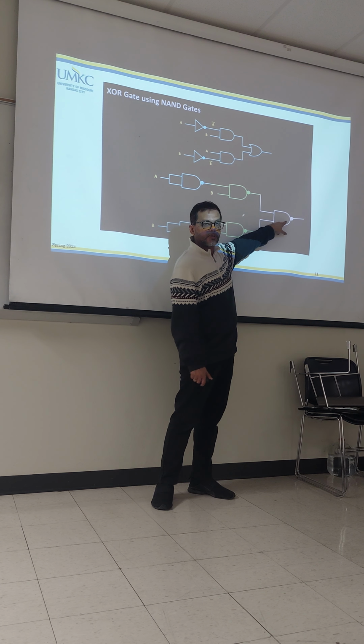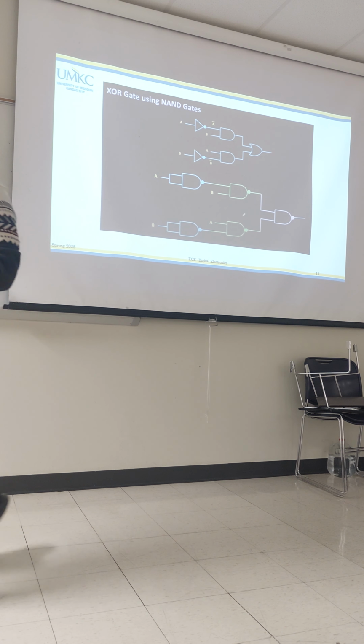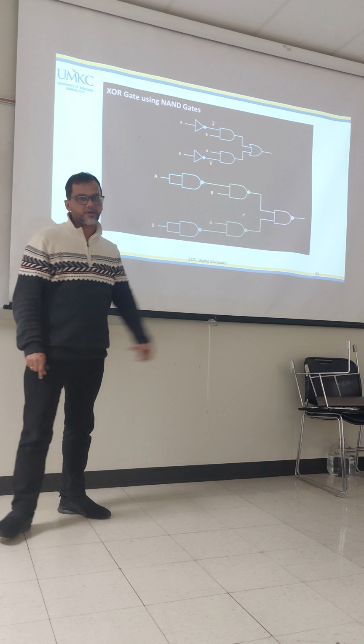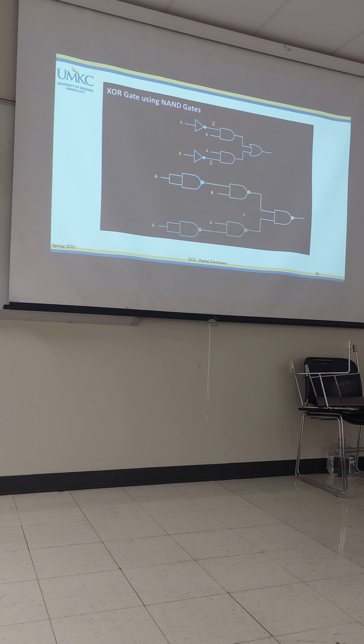Then if you give these two here, that will be the complement. Then if you apply De Morgan's theorem, it will give you A bar B plus B A bar. So by using 5 gates also, we can implement this. Is it okay?